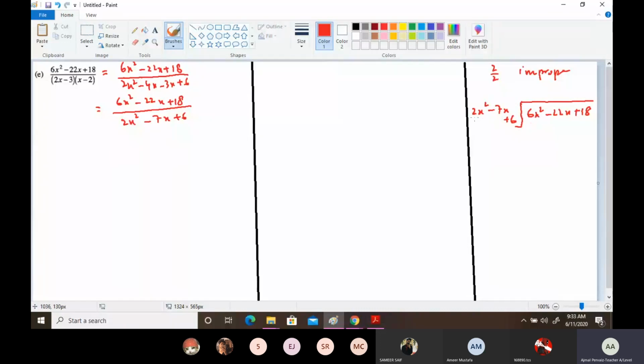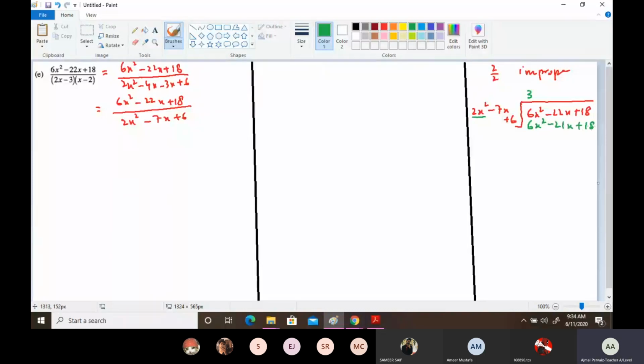What should I multiply with this one only to make it 6x square? Anybody can help me? 3. Thank you. So when we multiply by 3 everywhere, 3 times 2 is 6x square, 3 times 7 is minus 21x, 3 times 6 is plus 18.